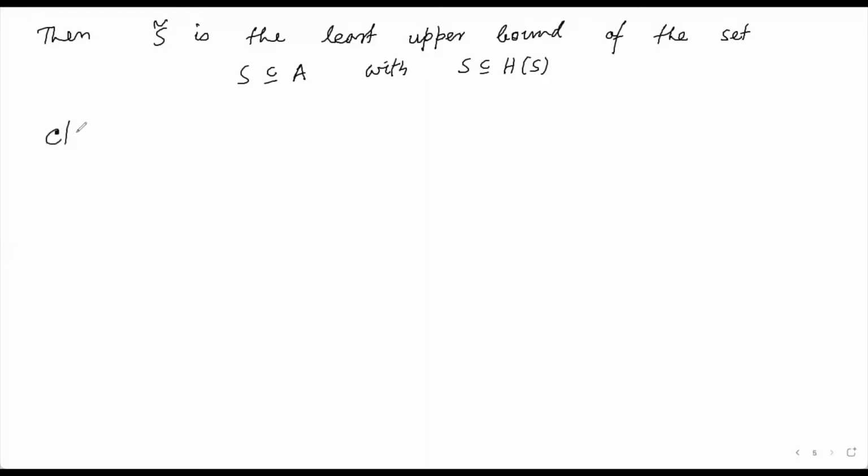Claim 2: S tilde is a fixed point of h. h of S tilde is equal to S tilde. So now we prove claim 2, that will complete the proof of the theorem.